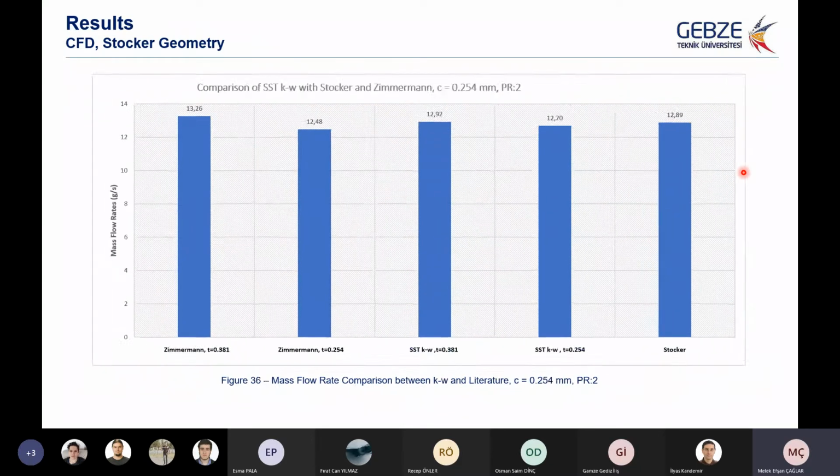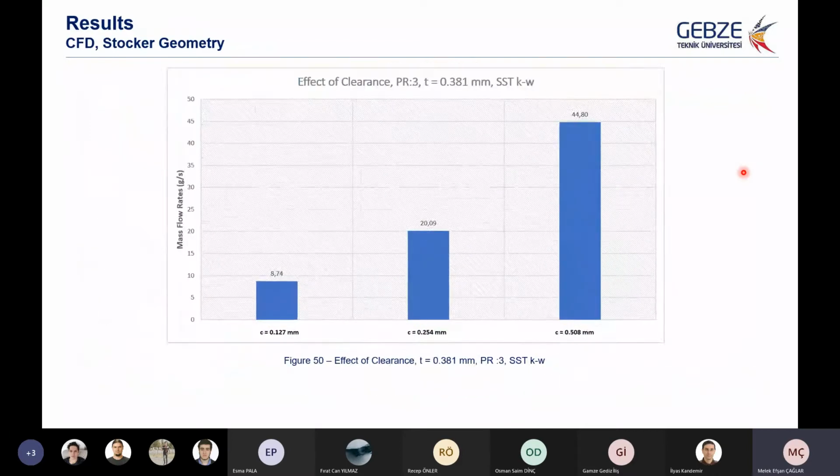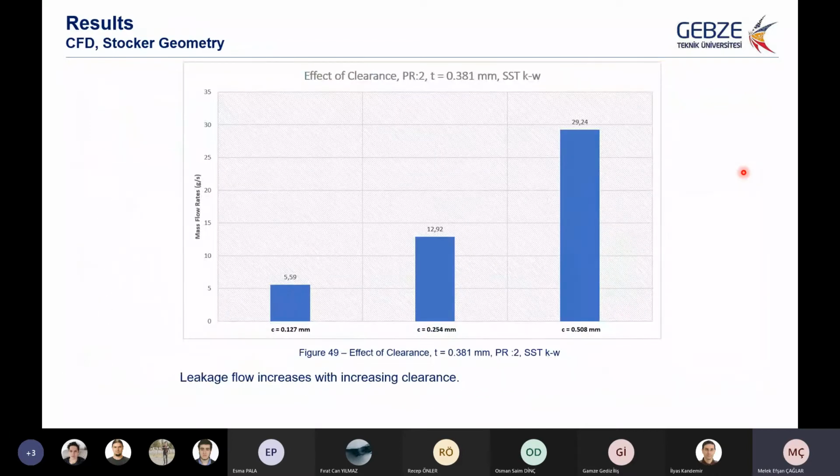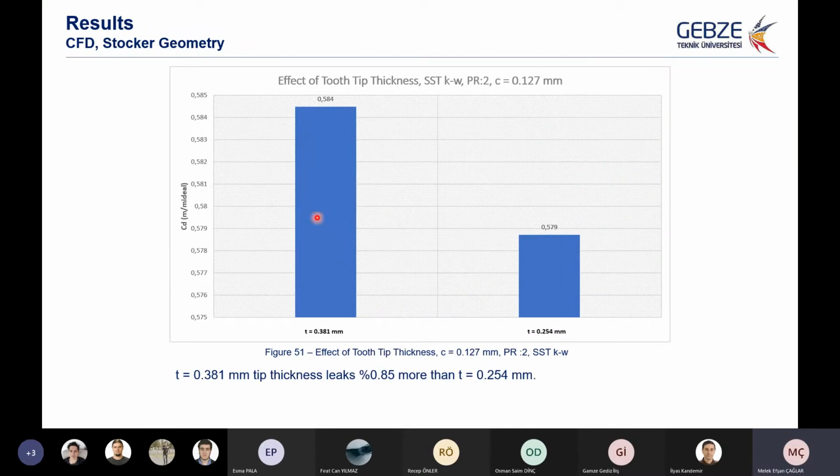I want to talk about the parameters and how they affect leakage, because I obviously have no time. The effect of clearance, as you can see here, is that it is a very dominant parameter, and leakage flow increases with increasing clearance, and it's valid for all pressure ratios.